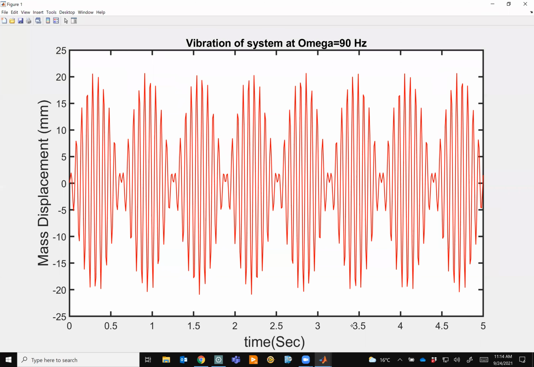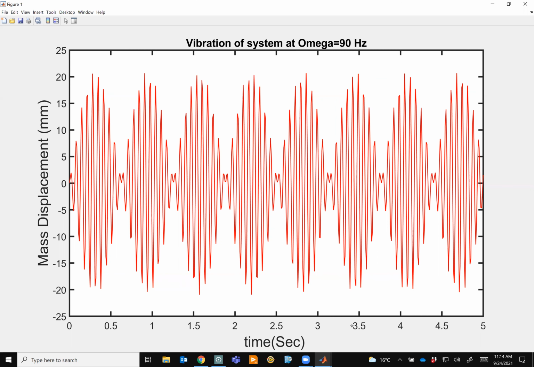all right. So now we can see a pattern here, right? With the frequency of 90 hertz, it looks like the amplitude is increasing, then gets to 0, then increases, then gets to 0, right? So we can think of it as more like a beating. It goes up, down, right?